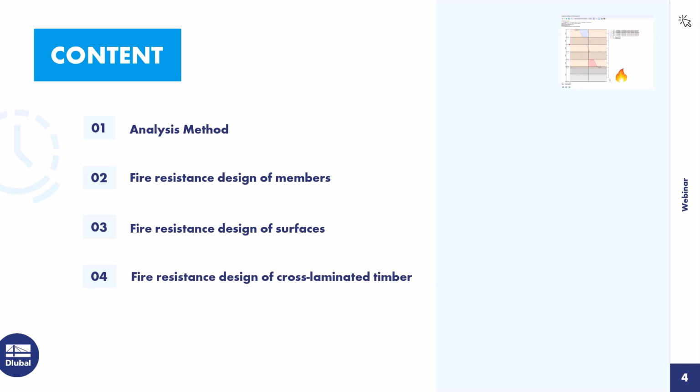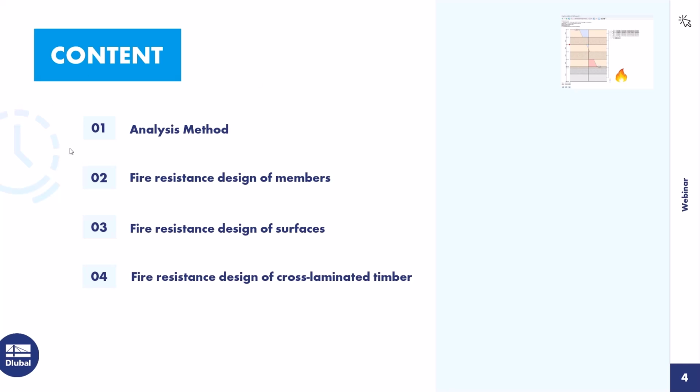The content of today's webinar is displayed here on the slide. We have a huge part today because of theory. We talk about the analysis method in case of fire design for timber structures. Mostly this part is really weak in our other webinars, but today I thought about spending a bigger focus on the theory.